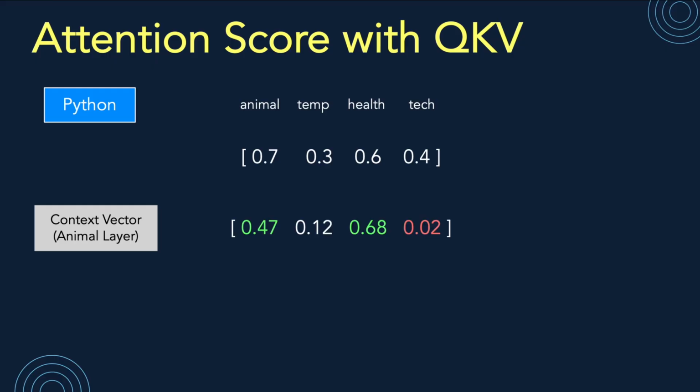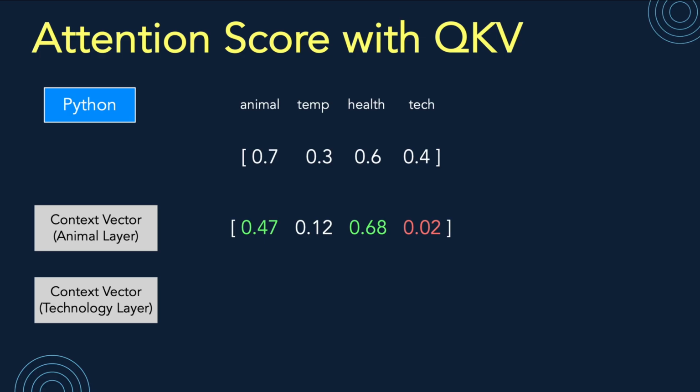It was 0.47, 0.12, 0.68 and 0.02. So you see the animal property was a little less, not too much, 50% less. The temperature property was also almost 60% less. The health property got increased a little bit, but the tech property reduced drastically, multiple times.